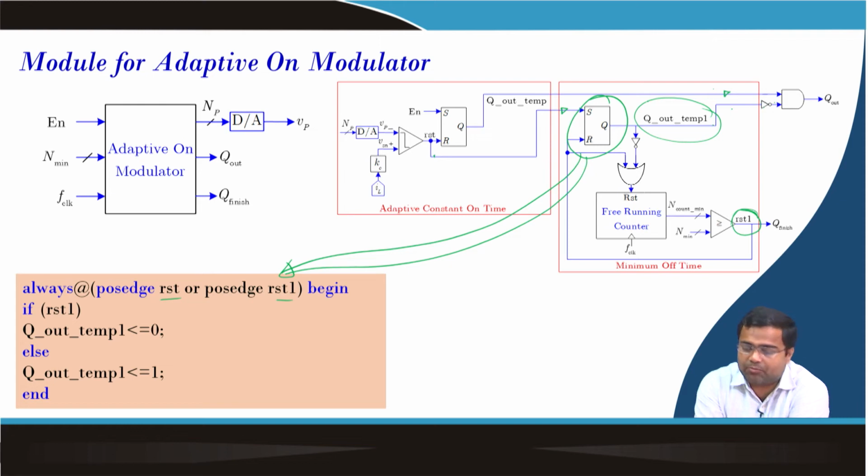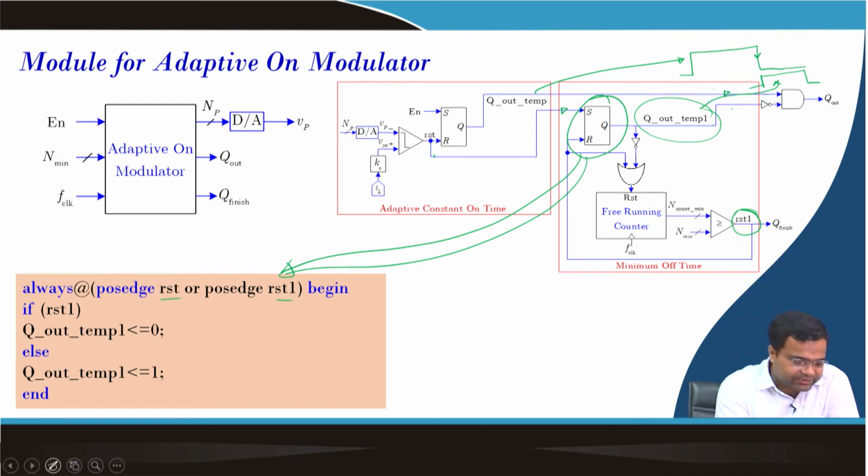So, this is the combination of Q1 and Q2, because when this is already high, this will not start; it will start at this edge. So, this is our Q temp, let us say, and this will be high for this time, this pulse.